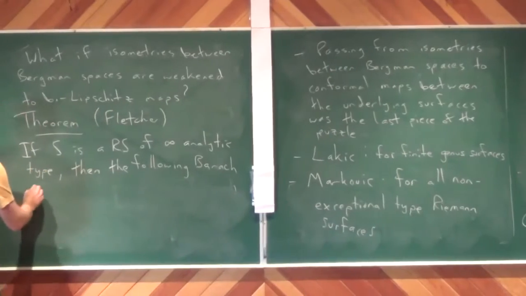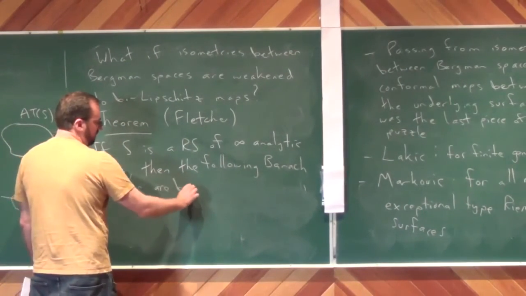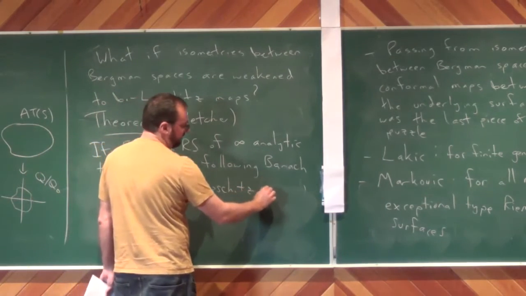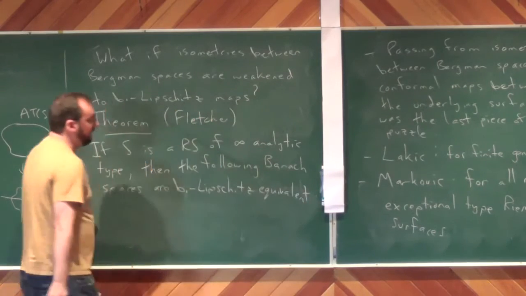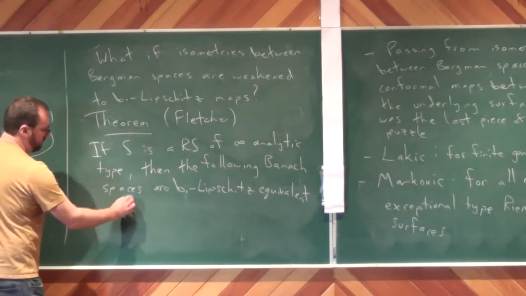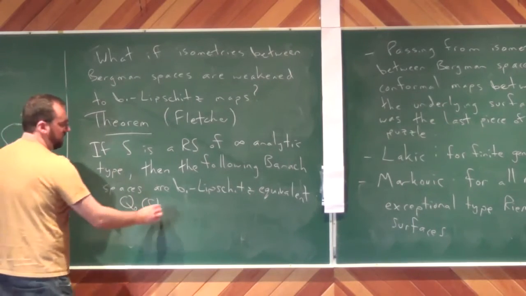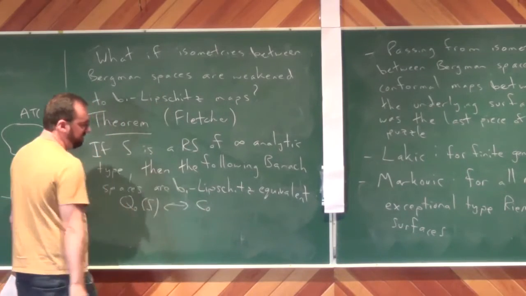the following Banach spaces are bi-Lipschitz equivalent, so there's a bi-Lipschitz map between them. Well, Q0 of, let me just write S for shorthand. There's a bi-Lipschitz map between that and c0.